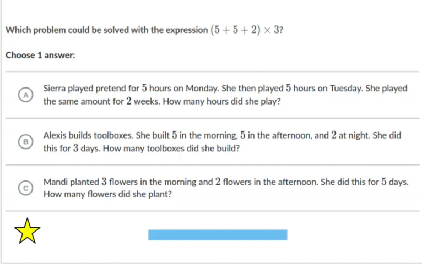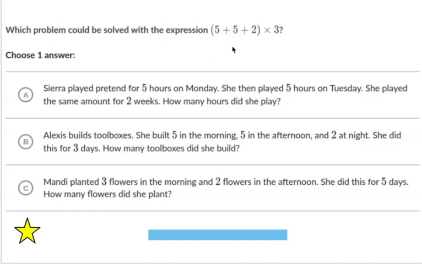All right, so in this problem, it says which problem could be solved with the expression? So we have inside parentheses 5 plus 2, and then we have something being multiplied by 3. If I were to read this, I would say the sum of 5 and 2 multiplied by 3. Or I can say the sum of 5 and 2 tripled.